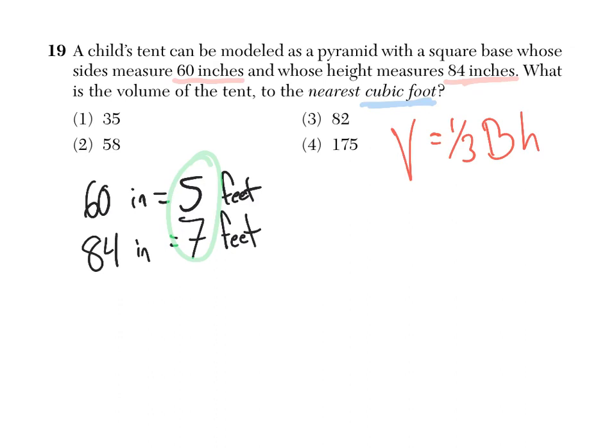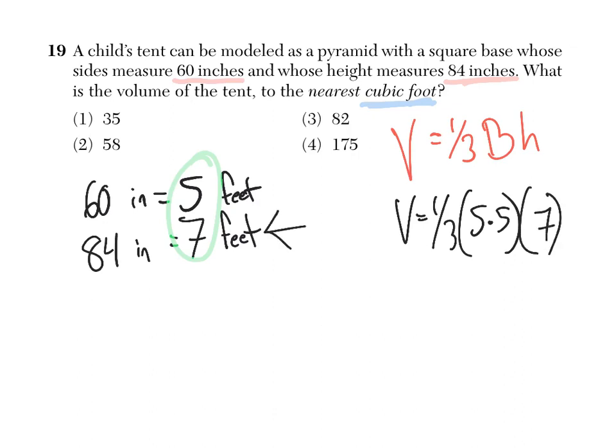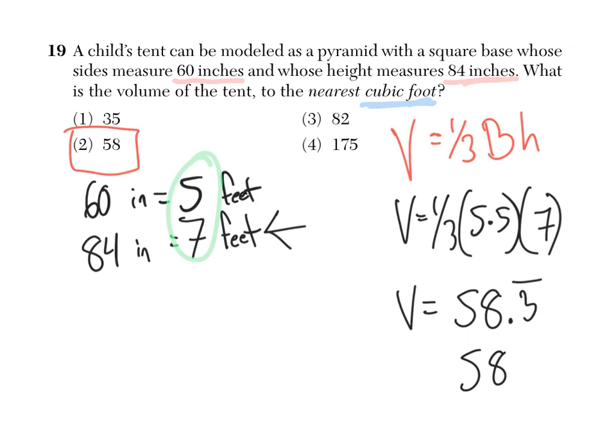And so the volume equals 1/3, and I know that the base is the length times the width, so it's going to be 5 times 5. And then the height, of course, is 7, right? We saw that right there. And when we plug this into our handy-dandy calculator, the answer is 58.3. When we round it to the nearest cubic foot, it's going to be 58 cubic feet. That is an option. Option number 2.